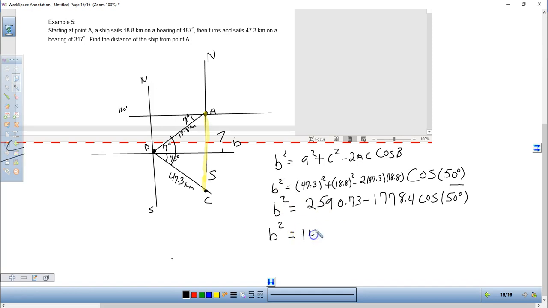I get 1447.596515. Now I'm not going to round until the final answer because I have a square root. And I get 38.05 kilometers. So I am 38.05 kilometers away from my initial starting point.